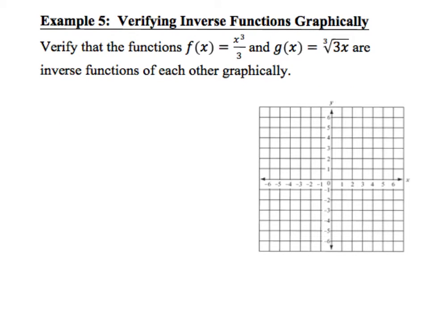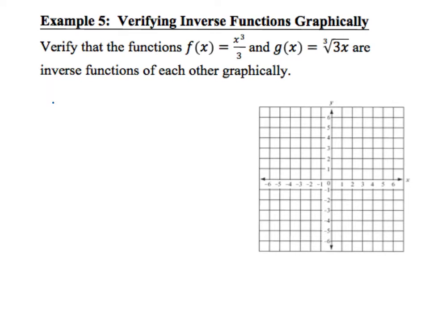So what we're going to have to do here for example 5 is we're going to need to graph values for each of these functions. So let's go ahead and make a table of values for f of x.